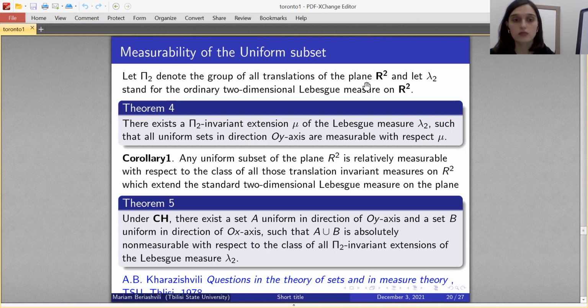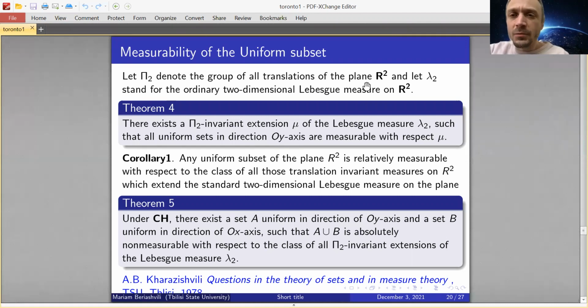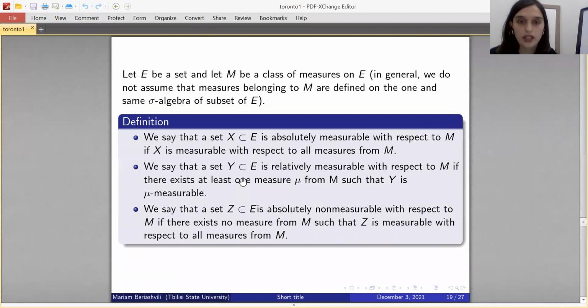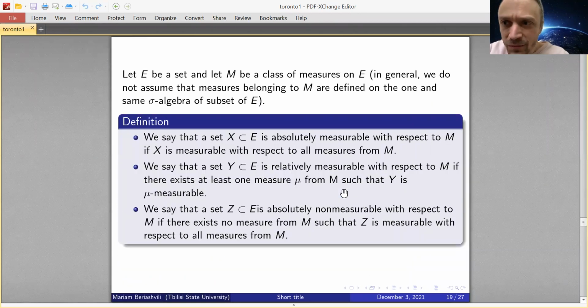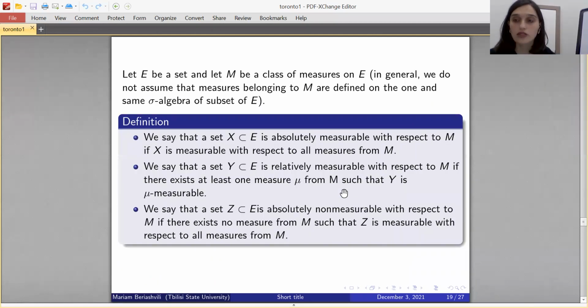Relatively measurable means that if there exists at least one measure from the class with respect to which the set is measurable, then it is relatively measurable. Now, absolutely non-measurable means that there exists no measure from the class with respect to which it is measurable, and then it will be absolutely non-measurable.